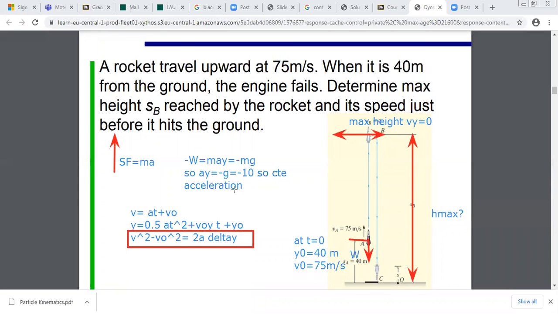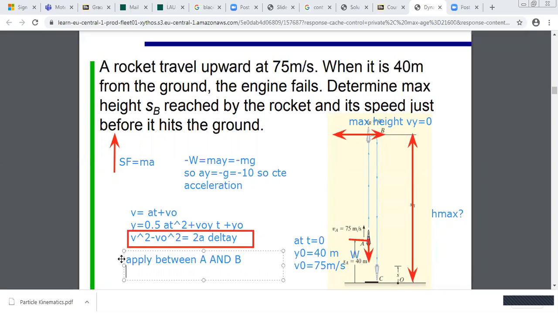If I apply this relation, I will apply it between A and B, initial position and maximum height. So what do I get?